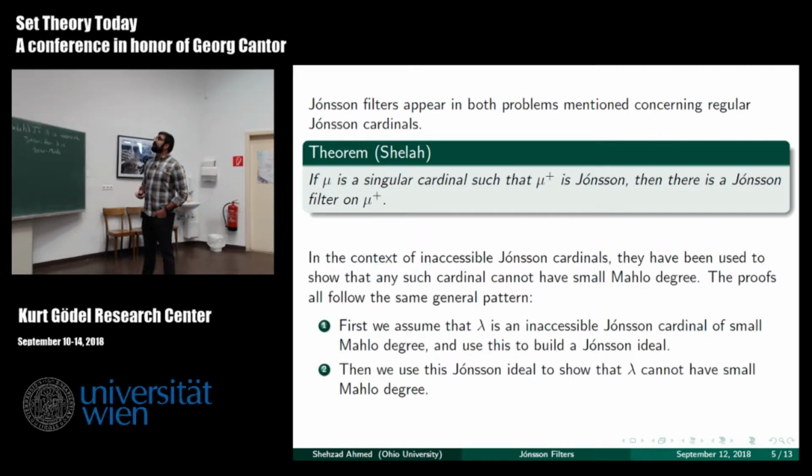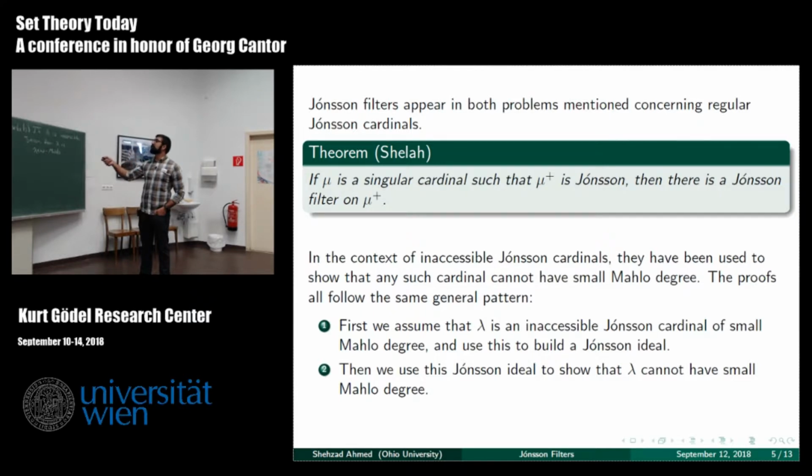Another thing is that they do get used in the context of inaccessible Jónsson cardinals. They're not used explicitly here, but they appear in the background, in disguise, when working with inaccessible Jónsson cardinals.